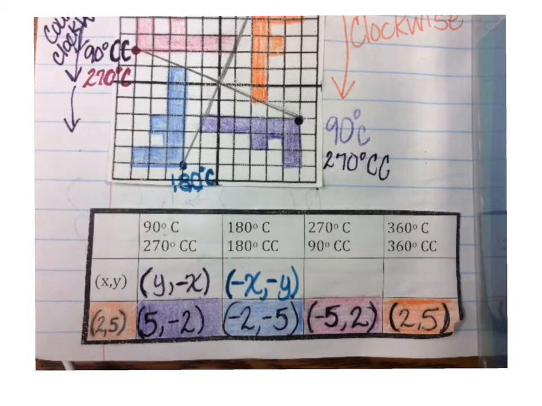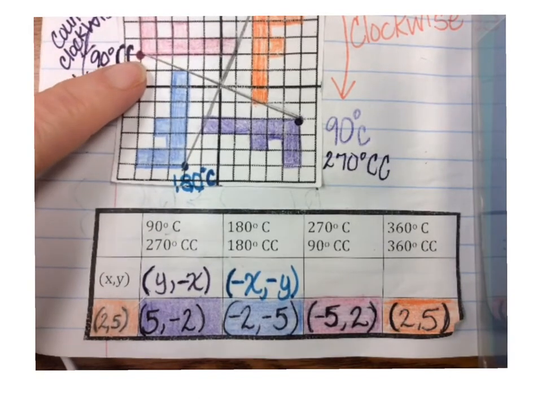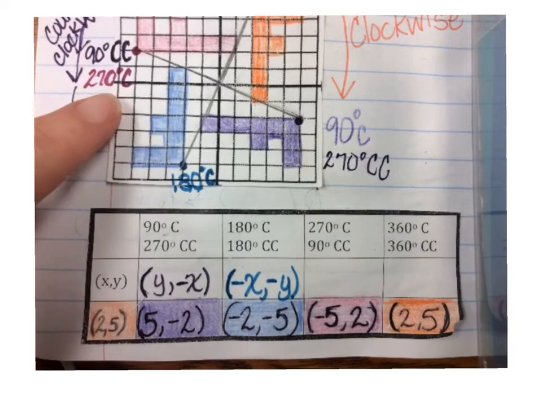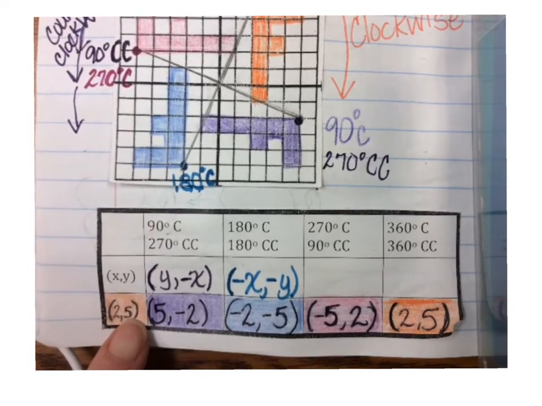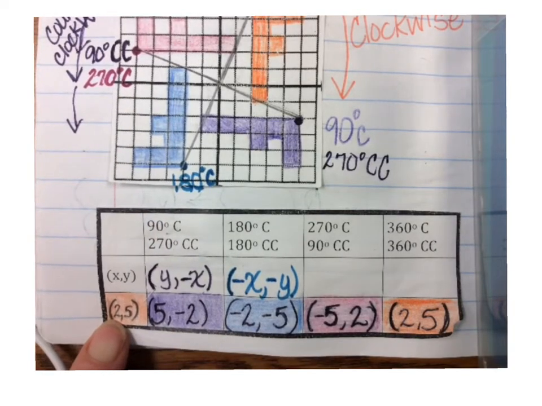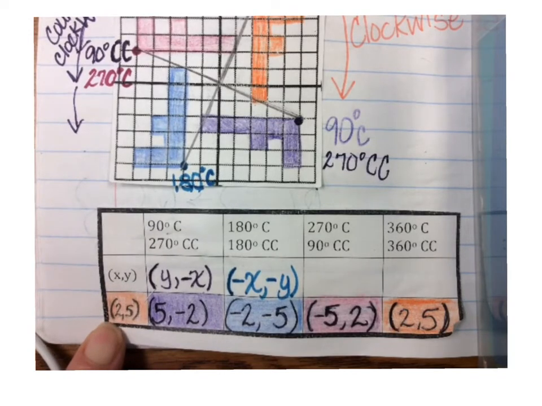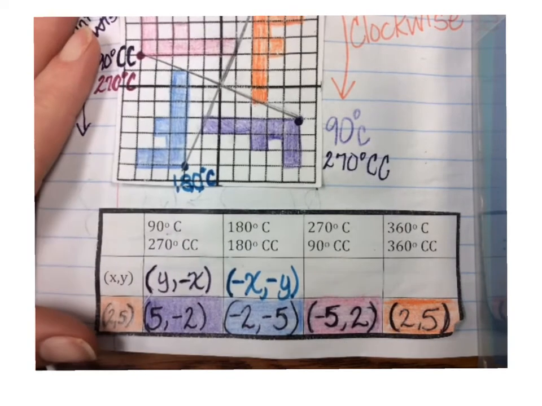Then looking at counterclockwise 90 degrees and clockwise 270 degrees, it looks like again the Y became the X and the X became the Y, only this time your Y became the opposite.